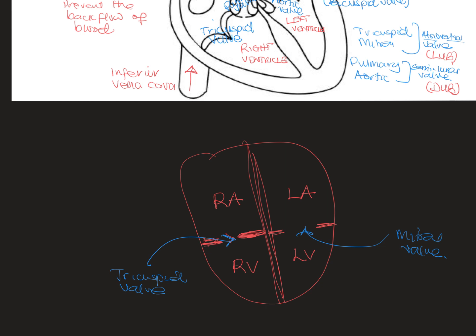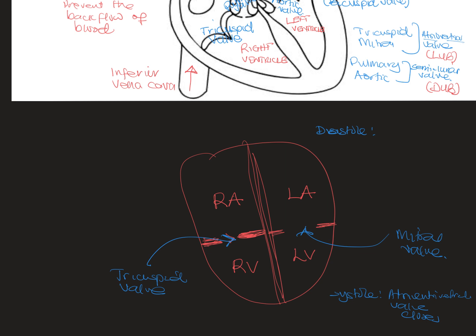Okay, so what happens during systole? During systole, the atrioventricular valves close. But what is diastole? Diastole is the filling of the ventricles.